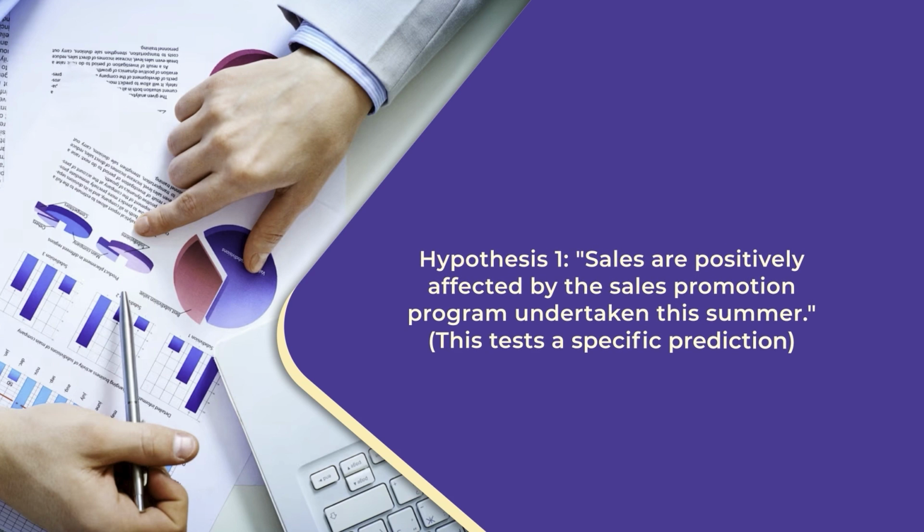A hypothesis, on the other hand, is a statement that can be refuted or supported by empirical findings. So the quantitative objective for the same scenario is stated as: sales are positively affected by the sales promotion program undertaken this summer.